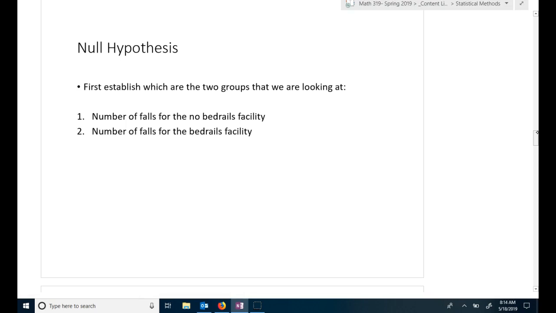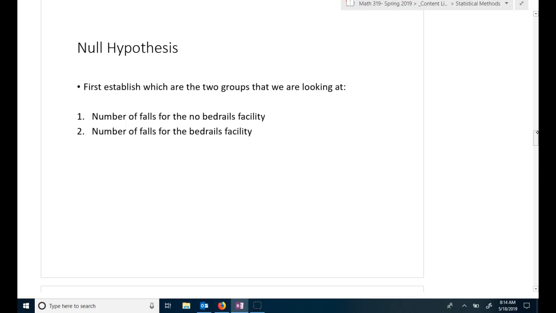So we're first going to look at and establish the two groups that we're looking at. So group 1, we're going to say, is the number of falls for the no bed rails facility. And you always have to declare which group you're looking at and which group is which. If you don't, this becomes really confusing for the person who's reading and interpreting your tests.